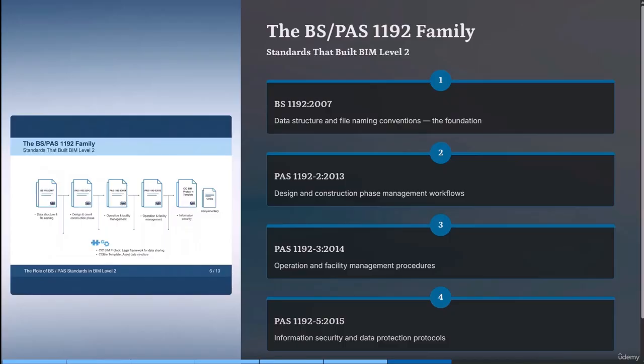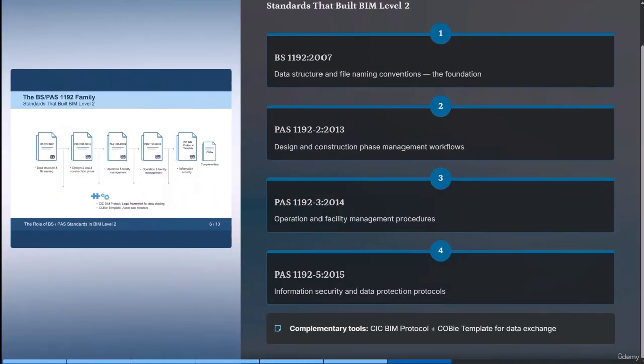And the next, 1192-4, that is introduced in 2014, officially introduced by BS, talks about file exchange or data exchange using COBie formats. And finally, PAS 1192-5 in 2015 speaks about information security and data protection protocols.